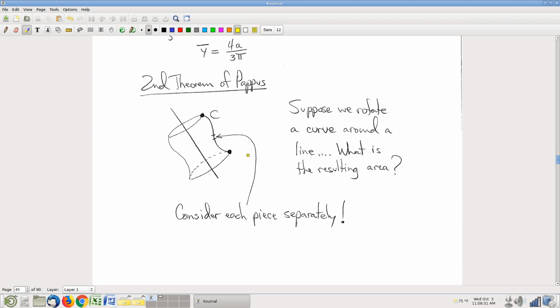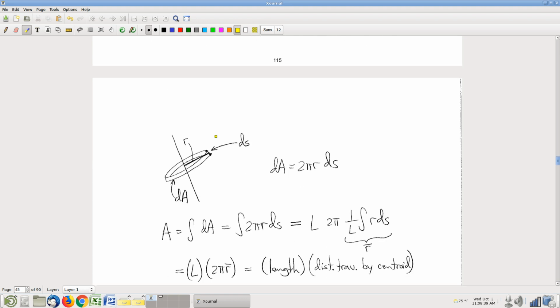Morally pretty similar. Chop it up, add it up. The total area is the sum of the areas that you get by looking at each piece of curve. Looking at one little piece of curve, the formula for the area is pretty straightforward. Length of that little piece of curve times the distance that it travels as you rotate.